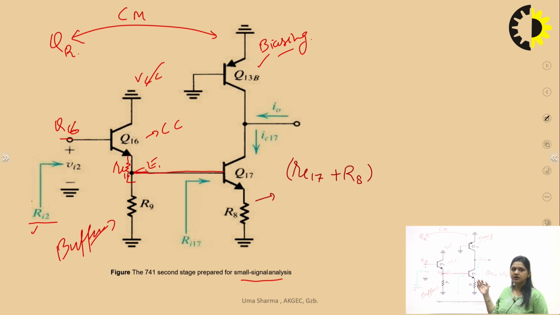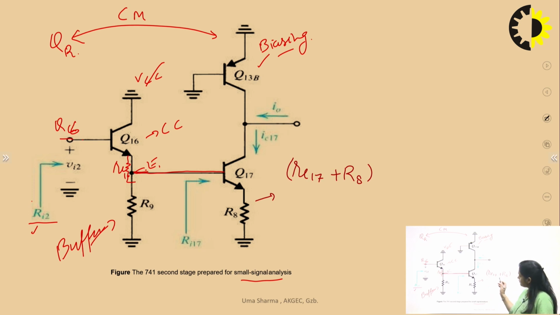If I draw the small signal model or T model for this circuit, definitely I have to draw this Re17, but we are applying the analysis directly on the circuit. So that's why this is not visible to you, but definitely there will be a presence of Re17 at the emitter node of Q17.